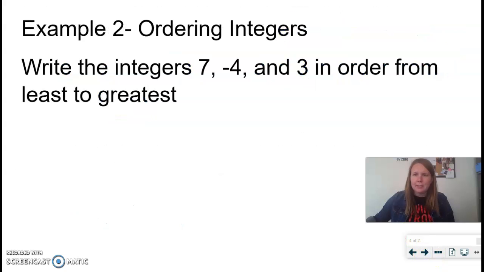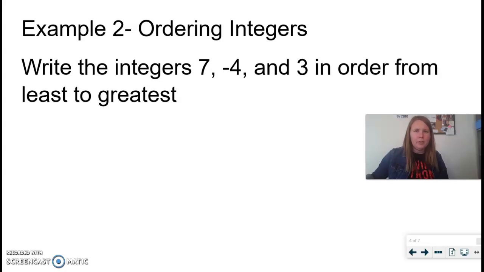All right, so let's also continue with that ordering of integers. It says write the integers 7, -4, and 3 in order from least to greatest. Well, what I noticed from these is I've got 2 positive numbers. 7 is positive and 3 is positive, and I have 1 negative.